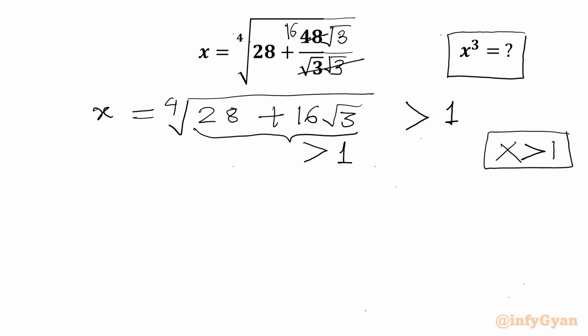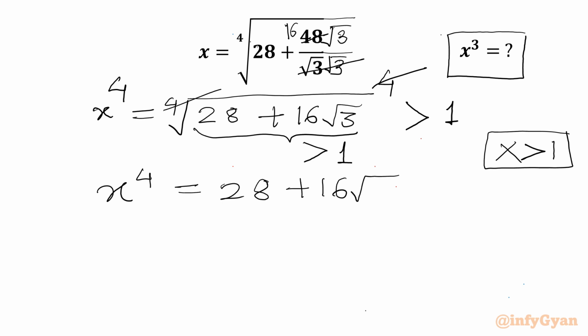Now I will raise power 4 on both sides. The 4th root and power 4 will cancel. So x power 4 will be 28 plus 16 square root 3. Now I will consider y power 4, which will be the conjugate of x power 4, so 28 minus 16 square root 3.